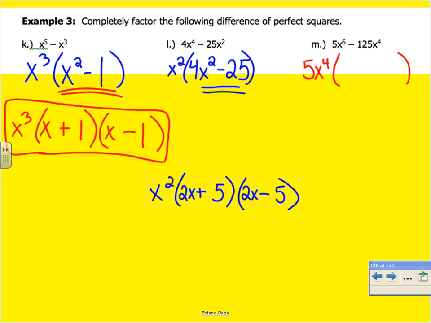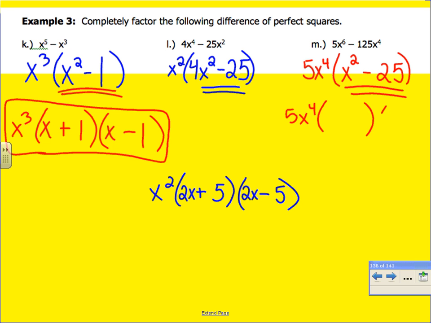If that's our GCF, 5x to the 6th divided by 5x to the 4th is x to the 2nd. 125x to the 4th divided by 5x to the 4th is 25. So we're left with, in parentheses, x squared minus 25, which is a difference of perfect square problem.